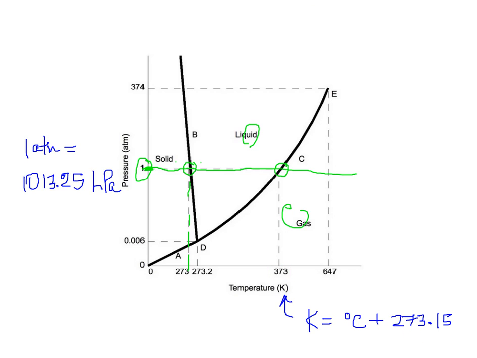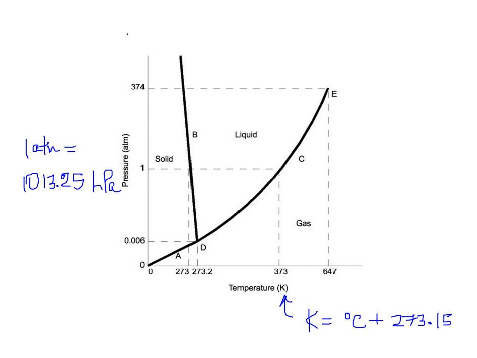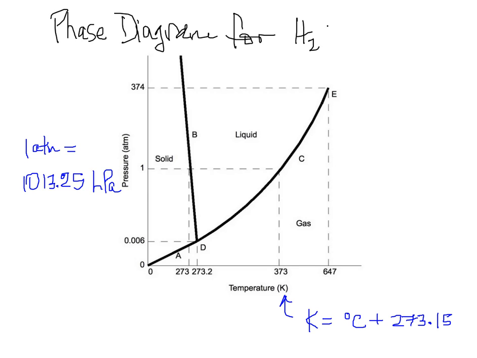Okay, let me get rid of some of these little distractions here, and then we'll wrap things up. So basically what I was saying before is that we're now looking at what we call the phase diagram for the system H2O.